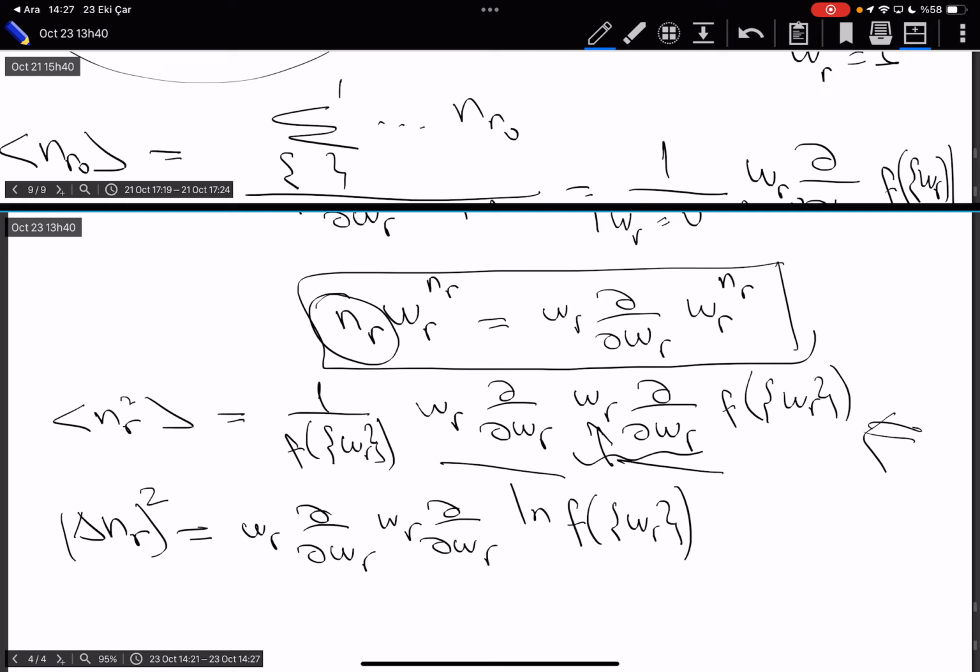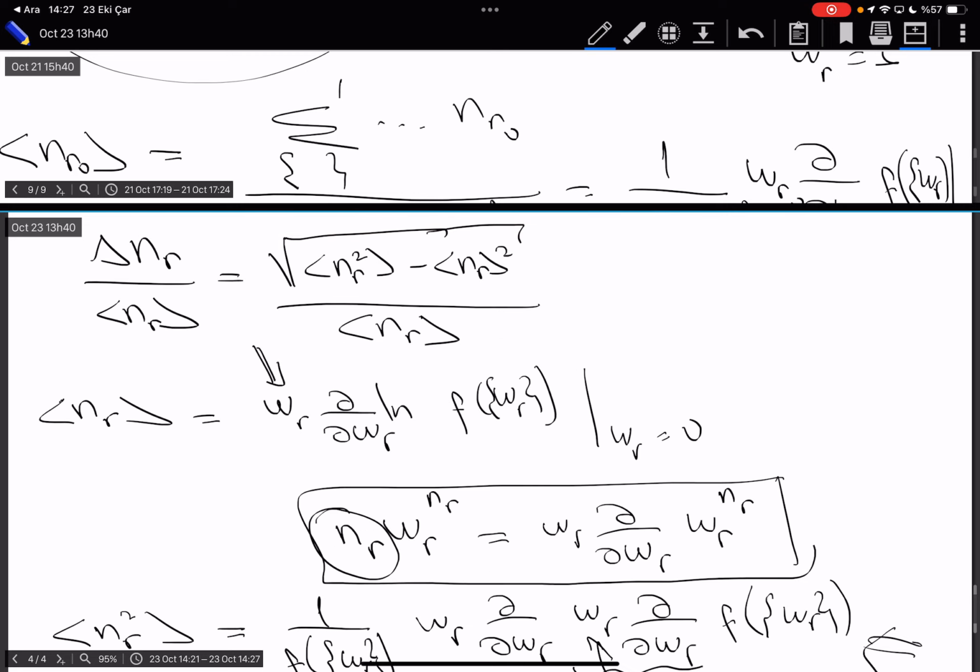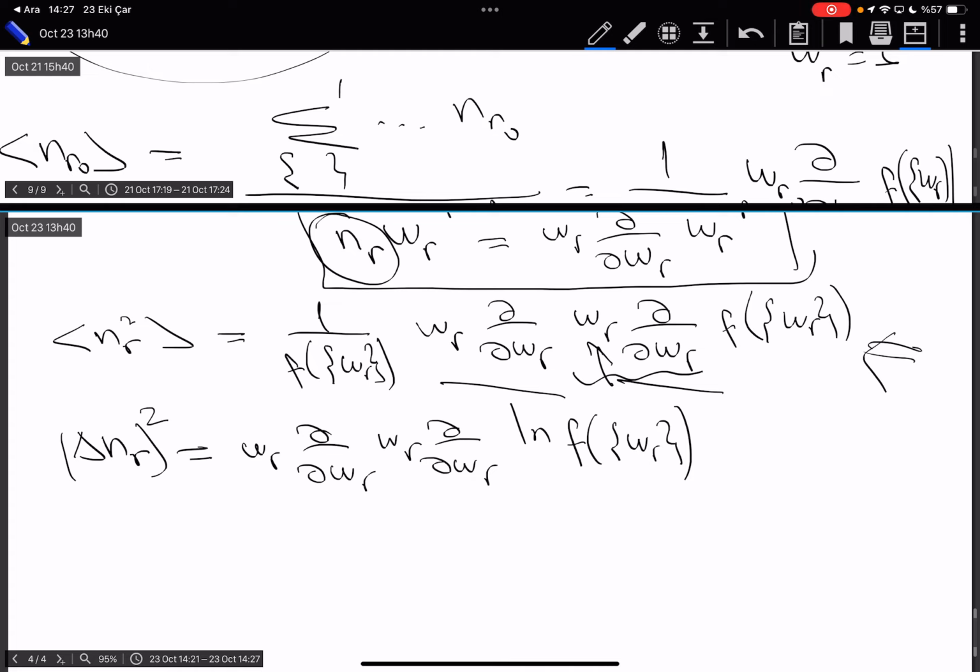You are taking the second derivative of your function and then dividing. If it was the first derivative, it was just the derivative of the logarithm. But since here you are first taking the second derivative and then dividing by the function itself, that is not the second derivative of the logarithm. But if you subtract this term over there, what remains is the second derivative of the logarithm. Again, I'm skipping these steps.